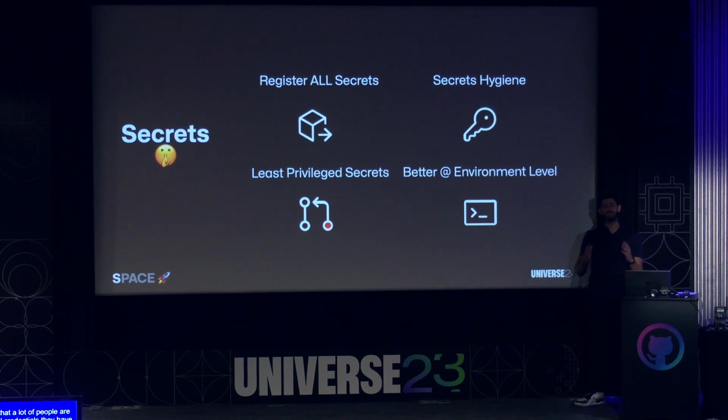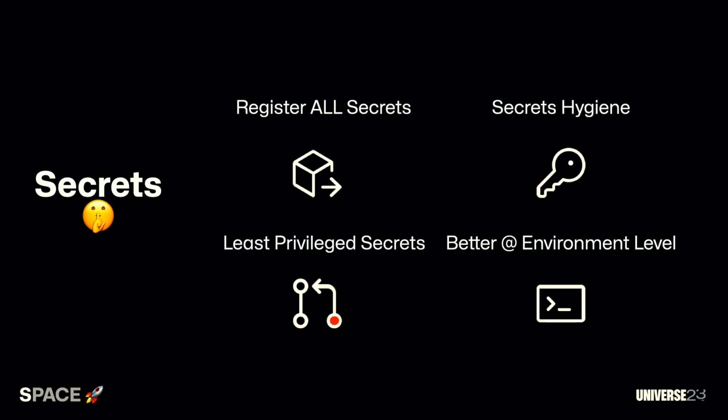When it comes to secrets hygiene, John touched on expiration and on rotating the secrets, so that if they do get compromised, you have them rotated. The least privilege principle is something we suggest strongly, so that you assume worst-case scenarios. If a secret is compromised, the worst that can happen is the least possible scenario.